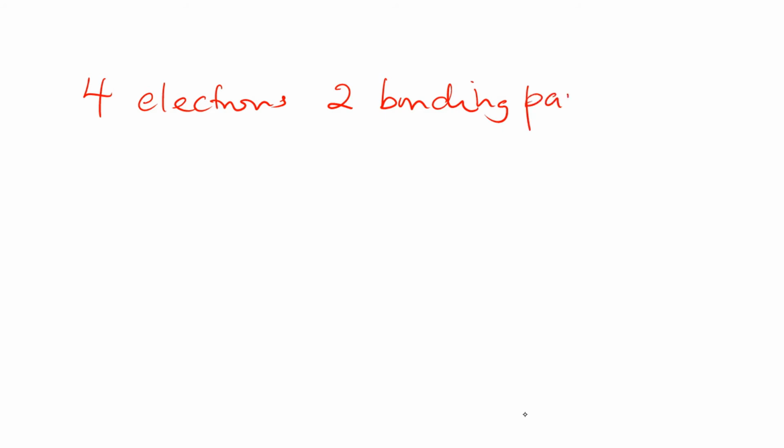All right, so let's look at the last one. It still has 4 electron pairs, but in this case, it has 2 bonding pairs and 2 lone pairs. What kind of molecule has 2 bonding pairs and 2 lone pairs? Of course, water.